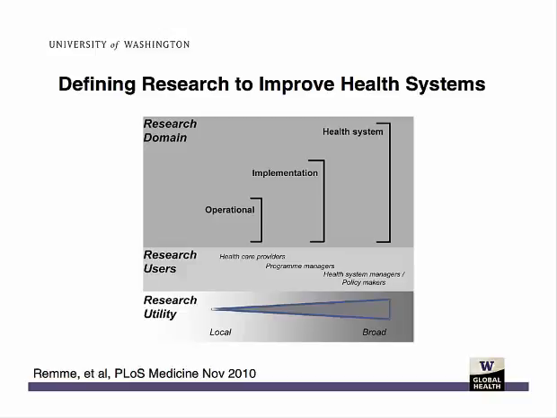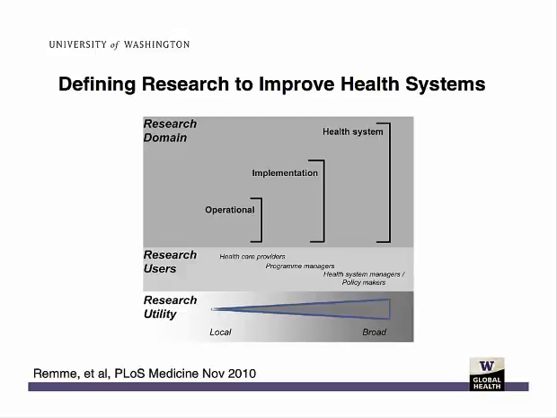So, for example, different models for implementing antiretroviral therapy, if it should be delivered by nurses or lay workers in the community or physicians. An appropriate implementation research design would be carrying out a prospective trial to try and answer that question across a larger number of clinics in a broader geographic area to provide more generalizable information than operational research.